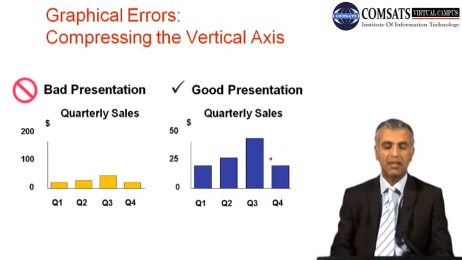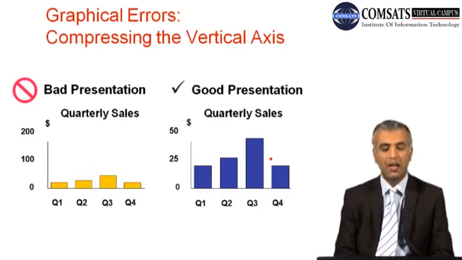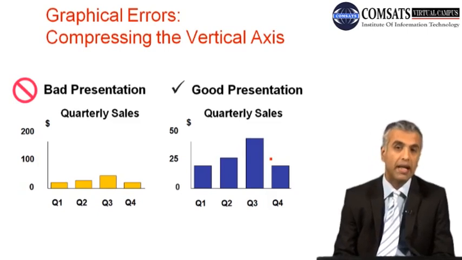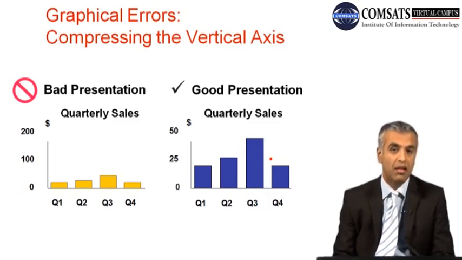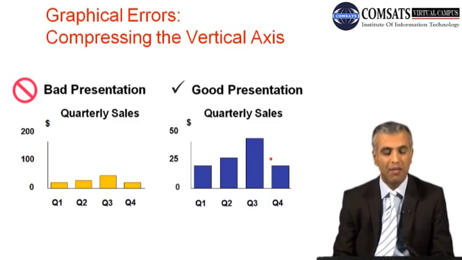Then again, this is another example of a very bad presentation, which is presented on the left hand side graph. In here we have just again shown the values on the original scale. Then again the scale is very large as compared to the original values.